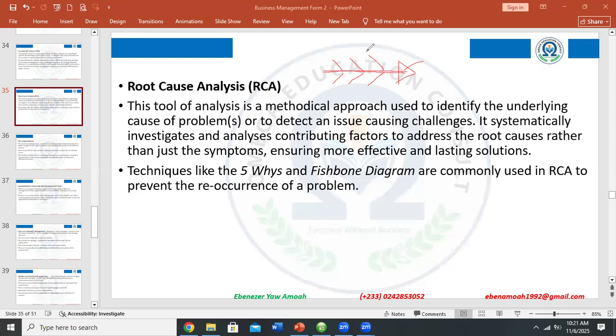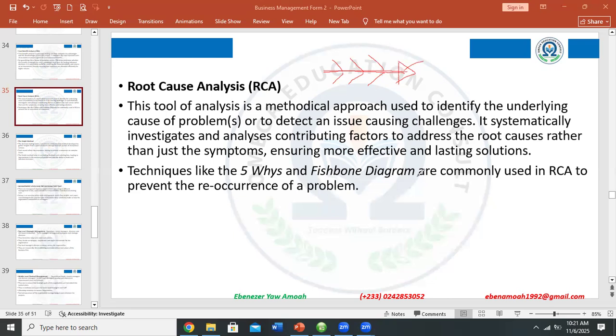We look at maybe incompetent teachers, or maybe unserious students, or maybe bad school management. So you put all those categories there and begin to delve deeper into each of them. But it's represented in a fishbone structure. That's why it has its name, fishbone diagram.